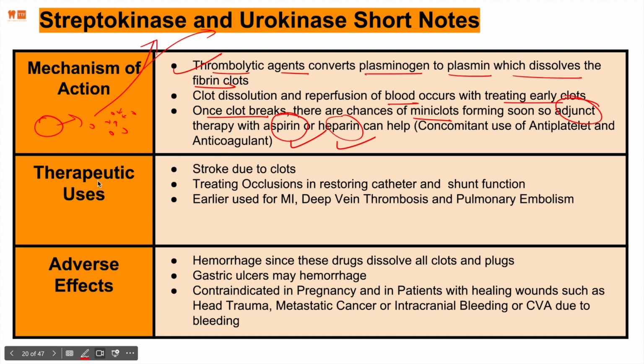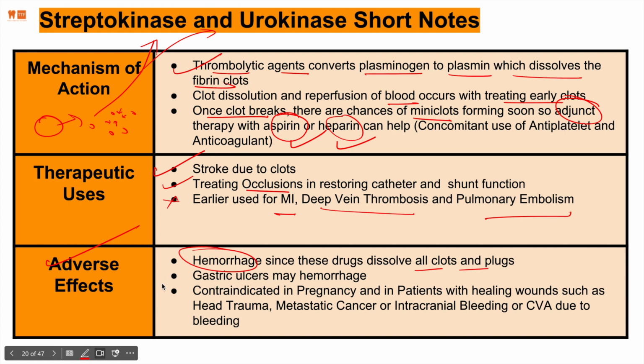We talked about the therapeutic use, it being treatment of stroke due to clots, treating occlusions, restoring catheter or shunt function in a heart surgery. Earlier, it used to be used in myocardial infarction, deep vein thrombosis, pulmonary embolism, but it's no longer used. Okay. Adverse effects, hemorrhage. Of course, we're bleeding. What if there's excessive bleeding? Since these drugs dissolve all clots and plugs, there's hemorrhage.